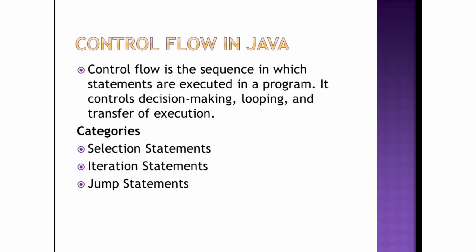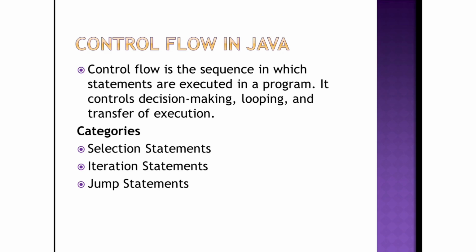Let's first understand what control flow means. Control flow is simply the order in which a Java program executes its statements. Normally, Java executes statements one after another from top to bottom. But what if we want to execute a statement only when a condition is true? Or what if we want to repeat the same statement 5 times?